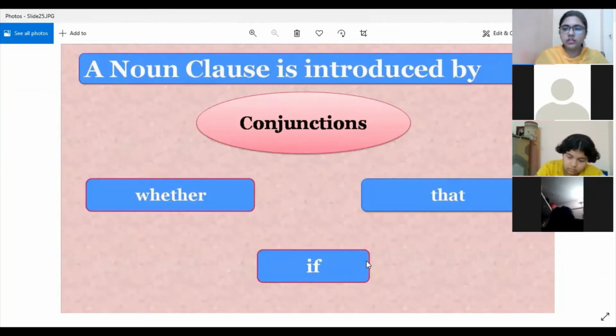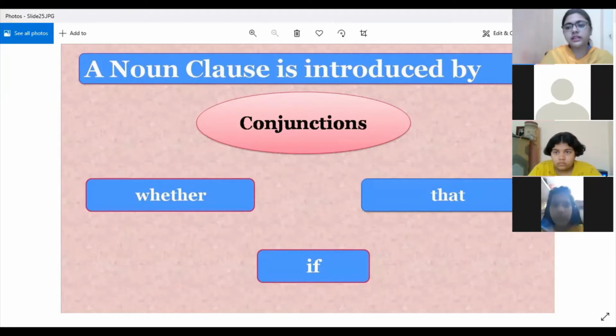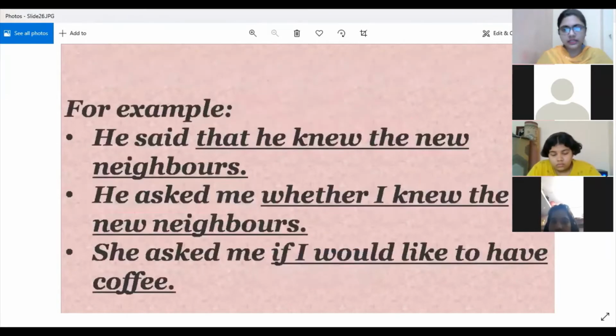Okay, but your focus should be on the function which a clause is performing. So that concept should be clear in your mind. Instead of looking for these conjunctions, you should look for the function which a clause performs in a sentence. So anyway, you can have a look at all these words, like whether, if, that, all these words introduce a noun clause in a sentence.